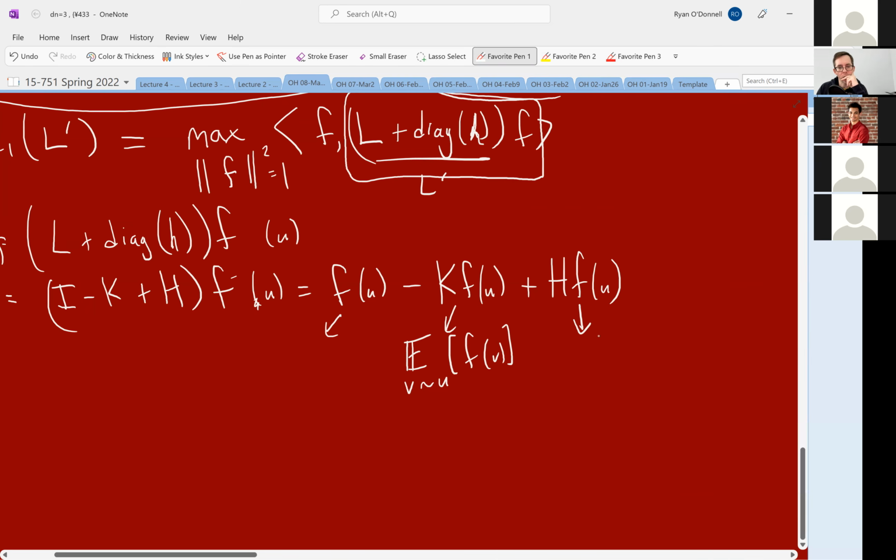I guess it's the f of u times h of u, where h of u is the index. I don't know if we used function notation or vector notation, but they're basically equivalent here. So we could put it together.